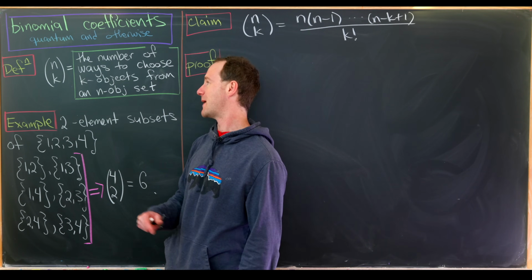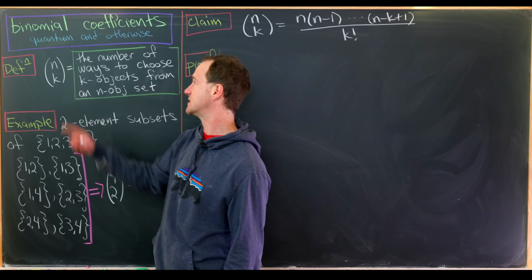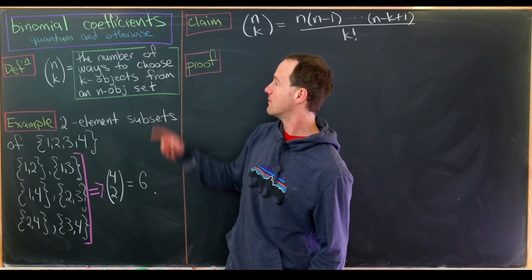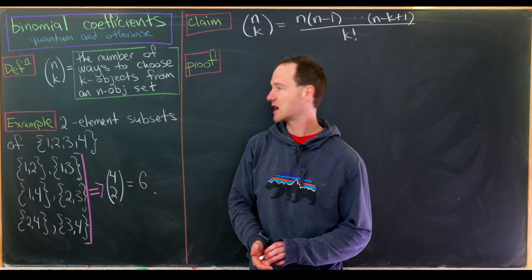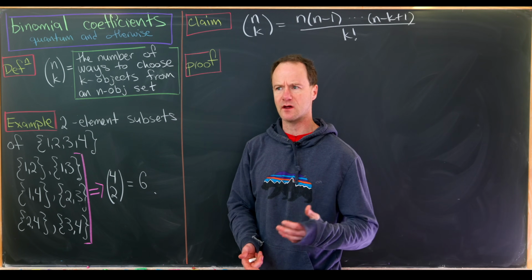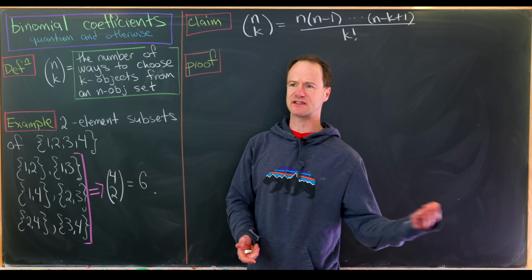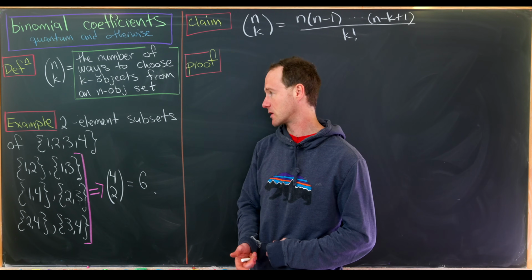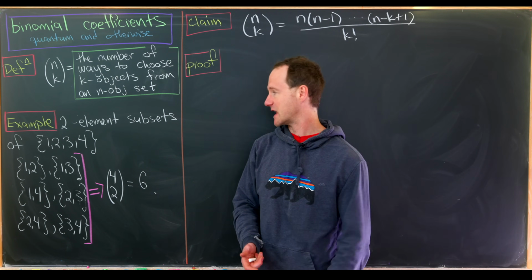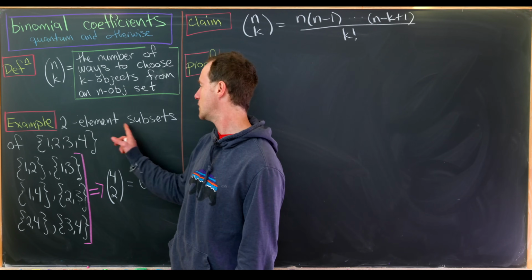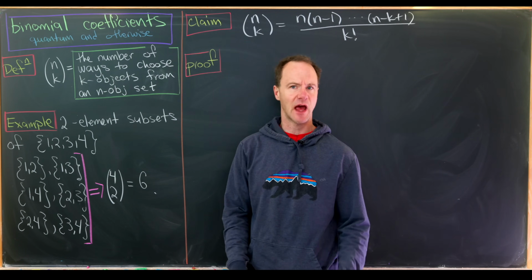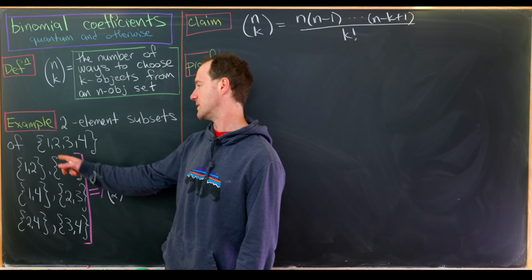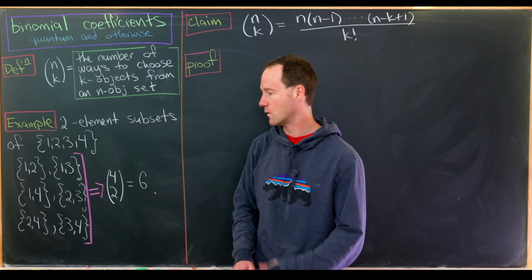So let's recall, by definition, n choose k is the number of ways to choose k objects from n objects, where the ordering of those objects that we have chosen does not matter. So a classic example of this would be to take a 2-element subset from a 4-element set. And we might as well call that 4-element set 1, 2, 3, 4.